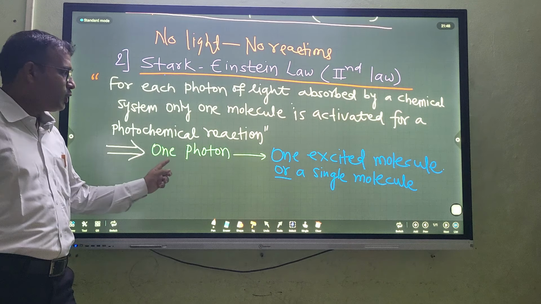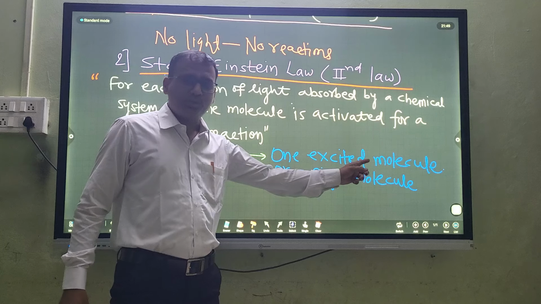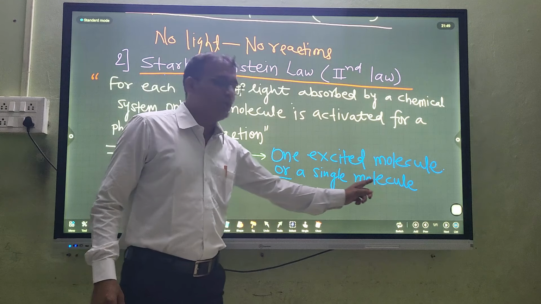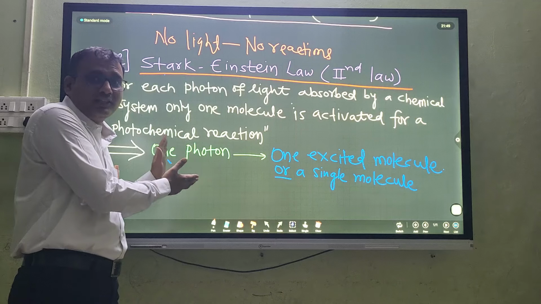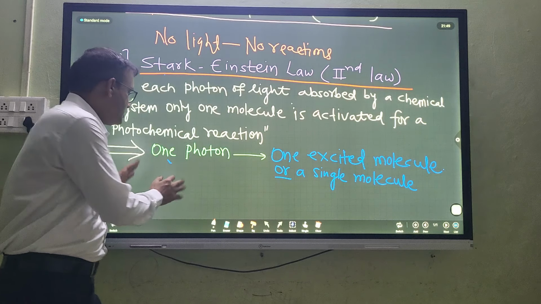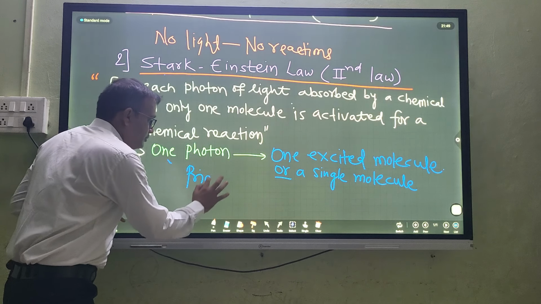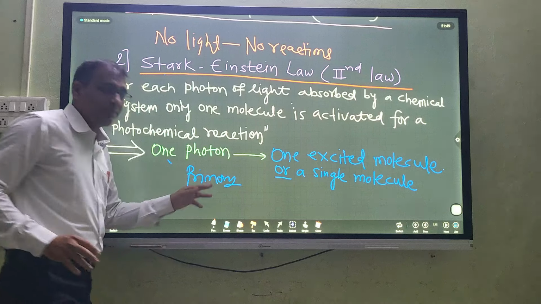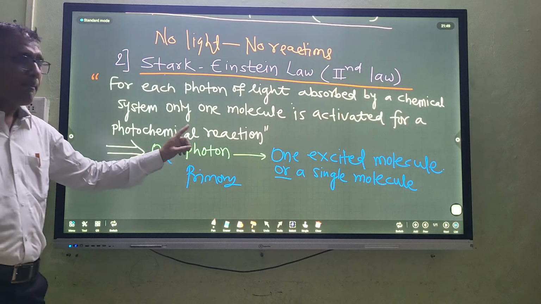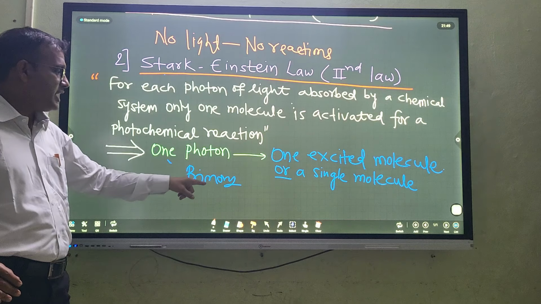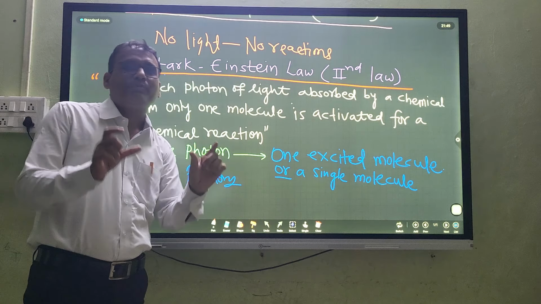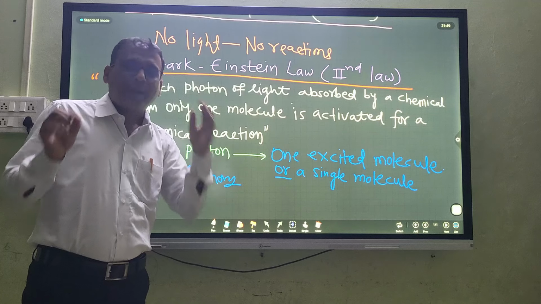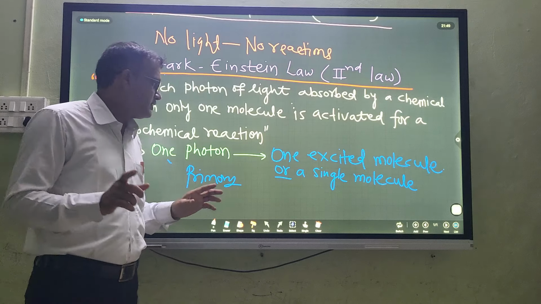That is one photon, one excited molecule. This step explains the primary process. This second law, the Stark-Einstein law, explains the primary step of the reactions.